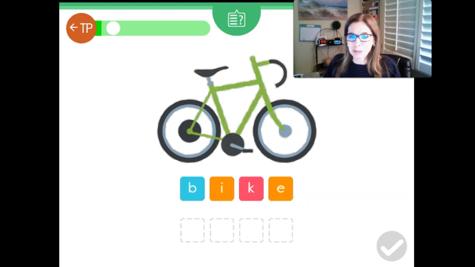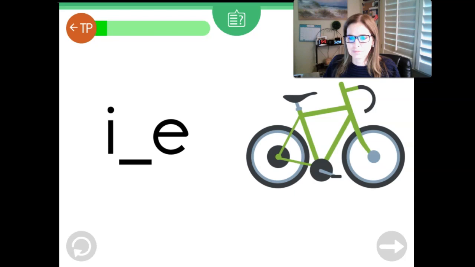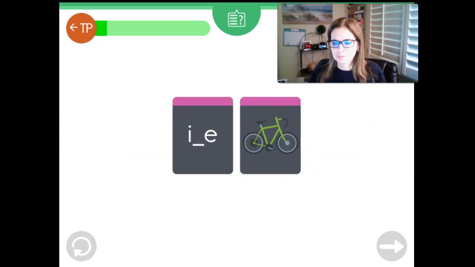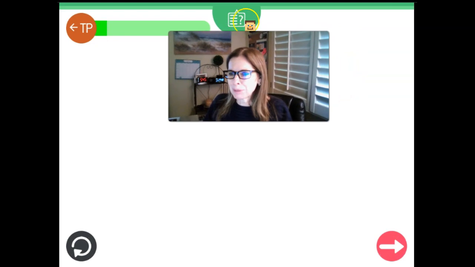Did you see it wouldn't let me just put it? I need to separate it. I, bike. The bike sound says I, bike, I. Up in our pocket chart.